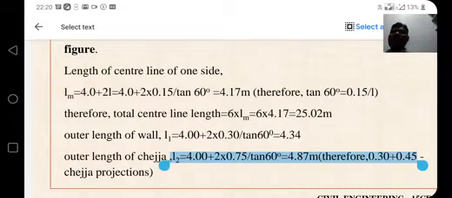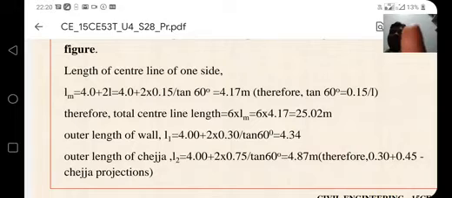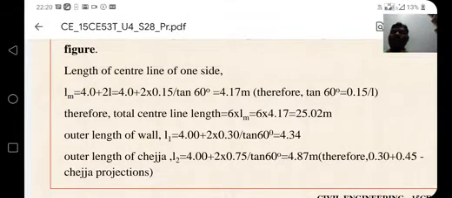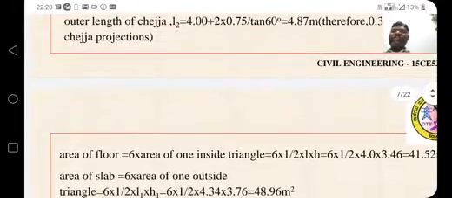Outer length of chajja L2 is equal to 4 plus 2 into 0.75 by tan 60 degree, which is 4.87 meters. Therefore 0.3 plus 0.45 minus chajja projections.